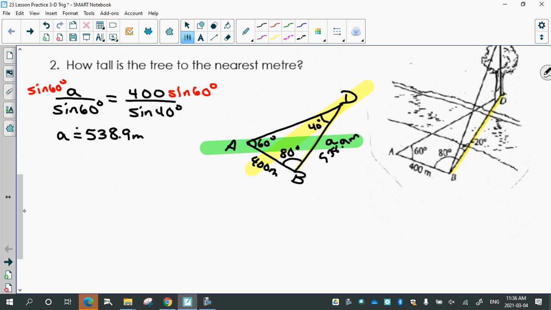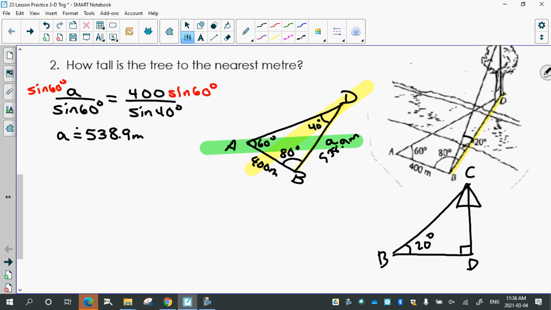So I'm going to draw it looking like a right angle triangle. So here's my tree, and there's my 90. Let me label it: this is C, D, and B. The angle between B and the hypotenuse is shown to be 20 degrees.